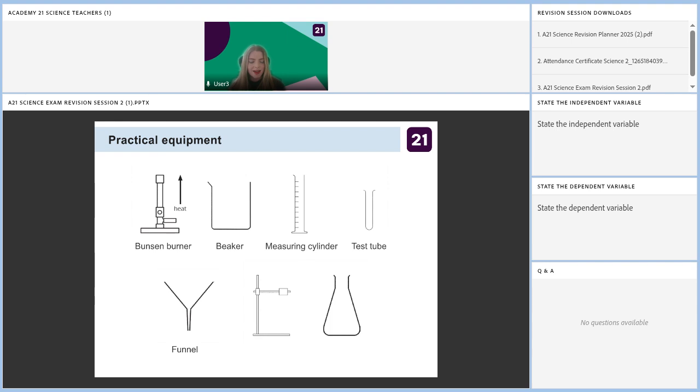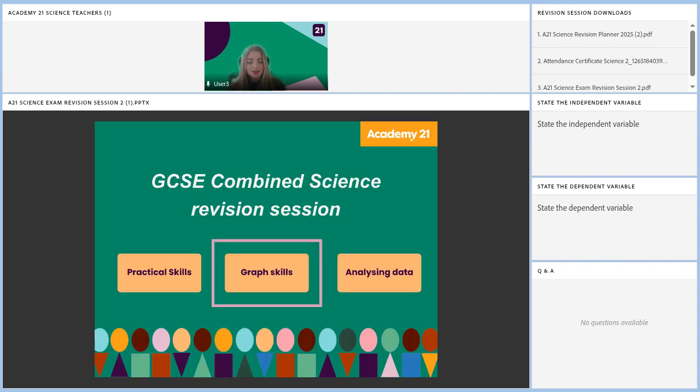Underneath that, there is a funnel, a clamp stand, and this one here, people often forget, is the conical flask. So a conical flask has a narrow neck and then it expands out at the bottom there, okay? So as long as you label them and it looks roughly like it, then you'll be absolutely fine with those, okay? So that brings me to the end of the practical skills then.